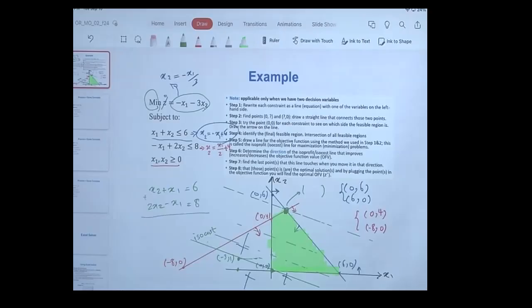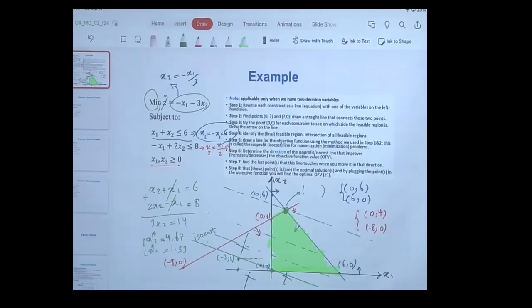If you add them up, these two cancel out. 3x2 equals 14, so x2 equals 4.67. If you plug it into one of the constraints, x1 becomes 1.33. These are optimal, so I show them with a star.